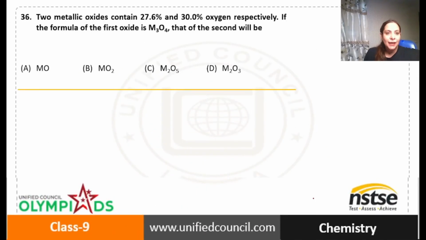Now the question says, two metallic oxides contain 27.6% and 30.0% oxygen respectively. So here the question is related to percentage. We have two metallic oxides. Let's say this is one metallic oxide and this is the second metallic oxide.